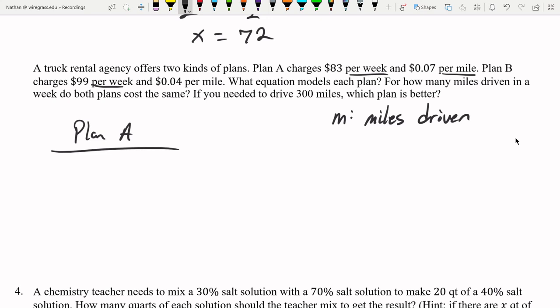Now, with this information, Plan A charges $83 per week, or $83, plus 7 cents per mile.